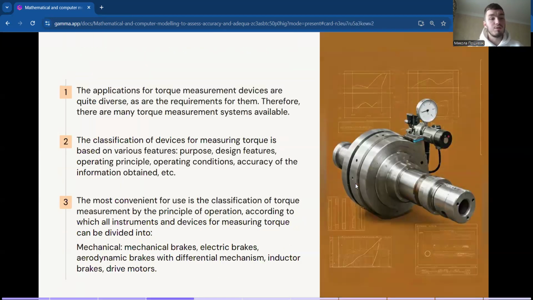The applications for torque measurement devices are quite diverse, as are the requirements for them. Therefore, there are many torque measurement systems available.